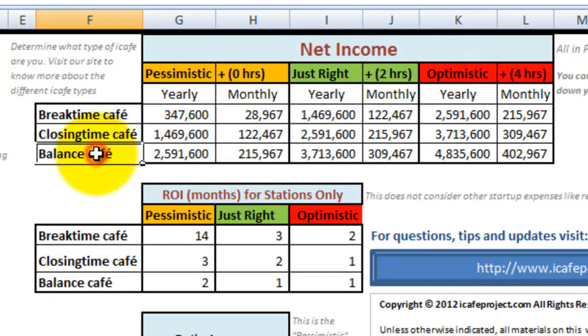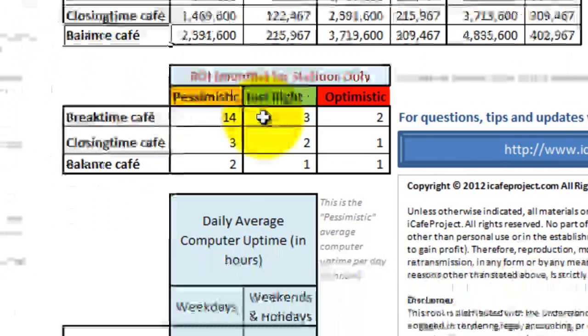And balance cafe enjoys the advantages of those 2 types of cafe, meaning they are in between. They are near schools, they are near companies, and they are near residential areas, near subdivisions, near hotels, near apartments, etc. Okay, so your target is to find a location that is categorized as a balanced cafe.